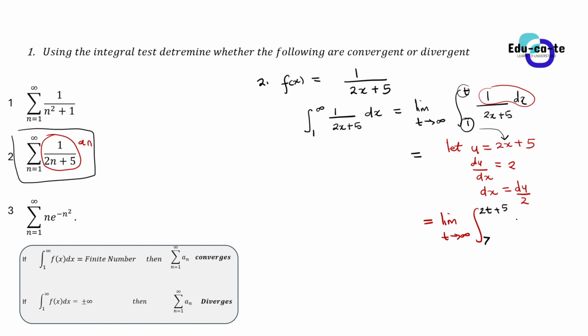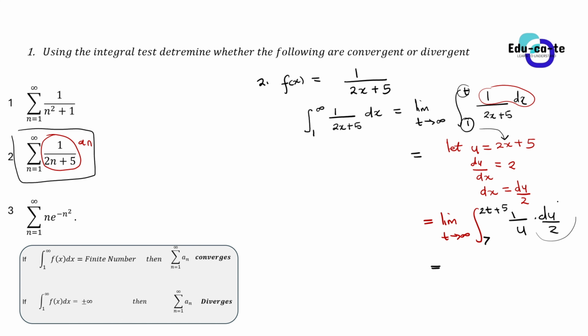So on top, you're going to have 2t plus 5. And then this is 1 over 2x plus 5, which you have changed to be u. And then dx is now equal to du over 2. So you have transformed your integral to be in form of u and not in form of x. In this case, you can just take out 1 over 2 as a constant.